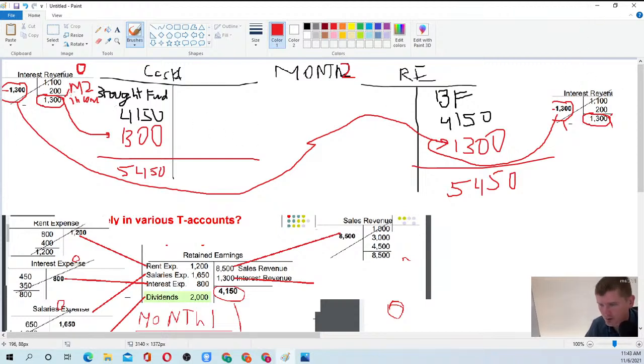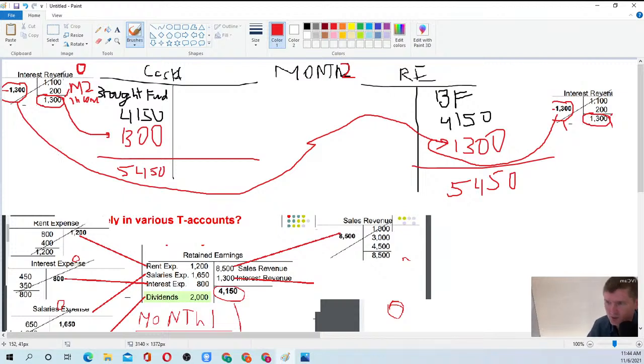The only useful insight is that we understand how and why we zero out interest revenue every month in the T accounts, not in the company, just in the T accounts. We zeroed it out and close the balance sheet accounts, and balance sheet accounts are cumulative in nature, and income statement accounts are periodical in nature.